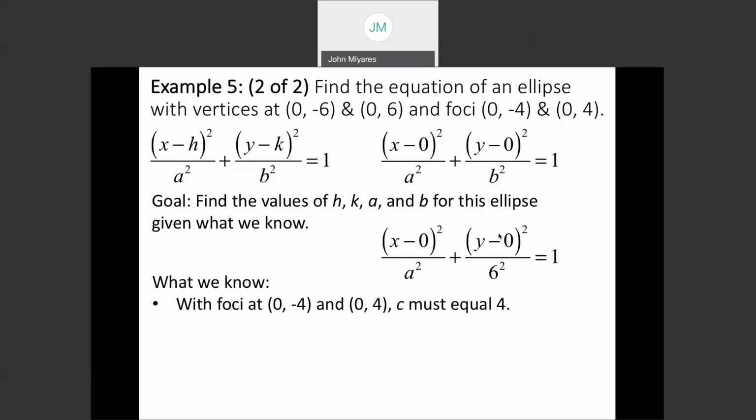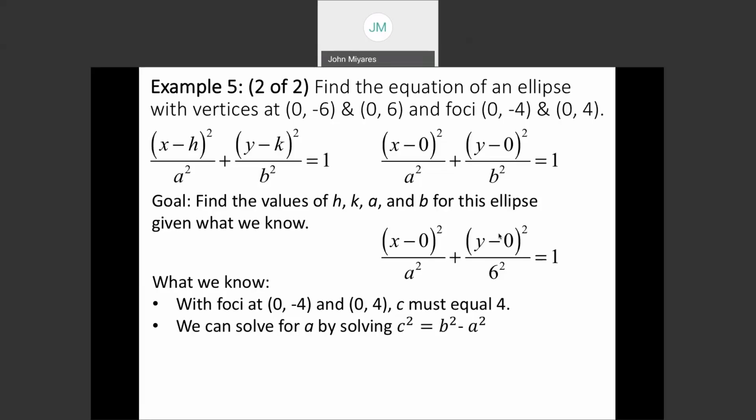Well, the only other information we're given is the location of the focal points at (0, 4) and (0, -4). We know that the focal points are always c units from the center point. So that means c must equal 4.